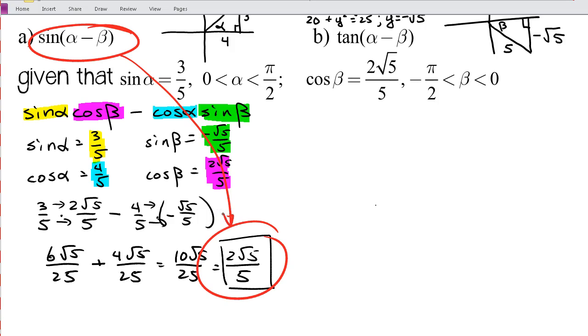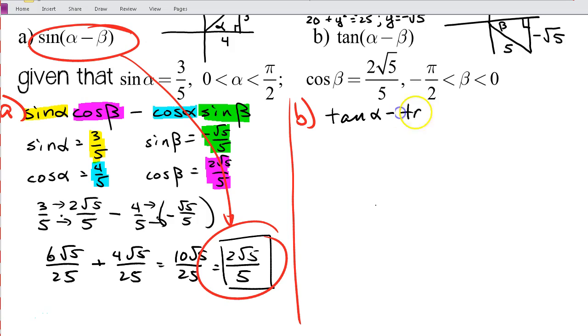Alright, then moving on to part B. So this is part A, and then part B over here. I've got tan alpha minus beta, so I've got tan alpha minus tan beta over 1 plus tan alpha times tan beta.